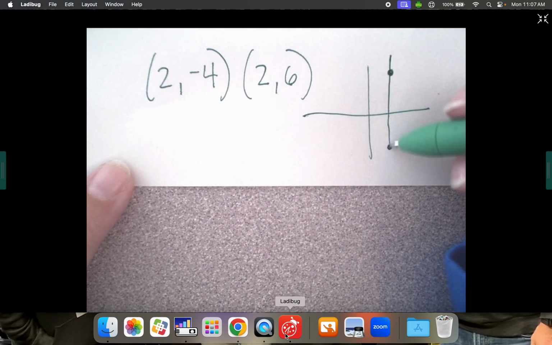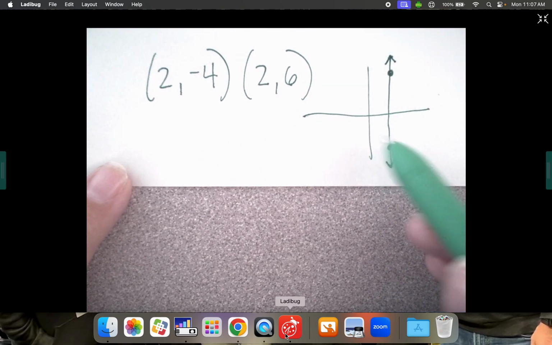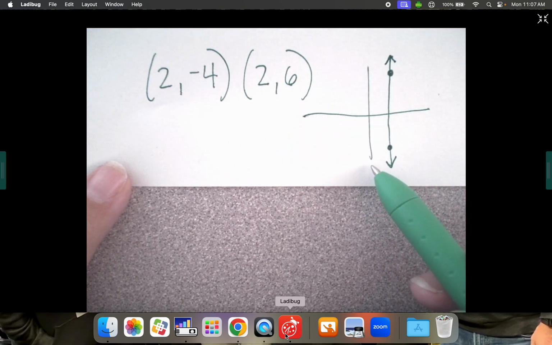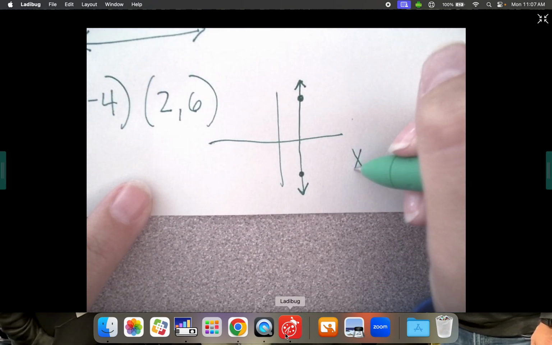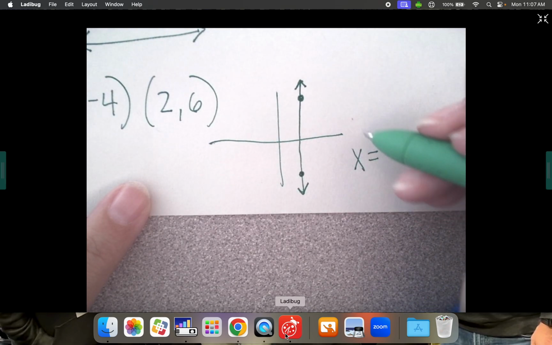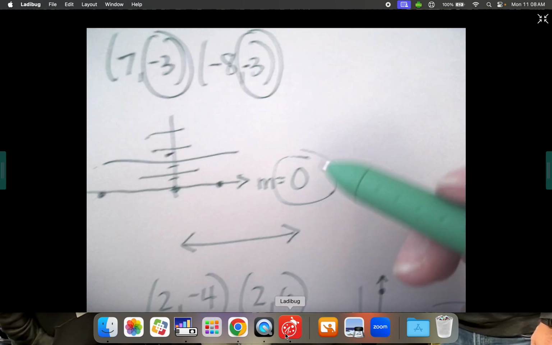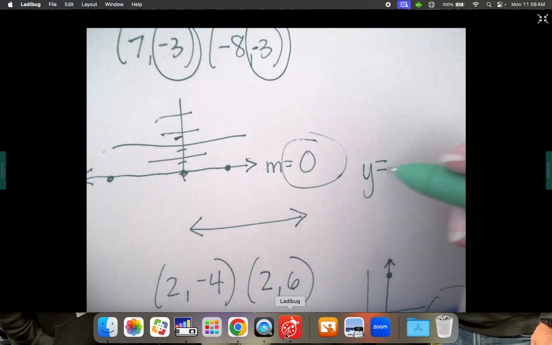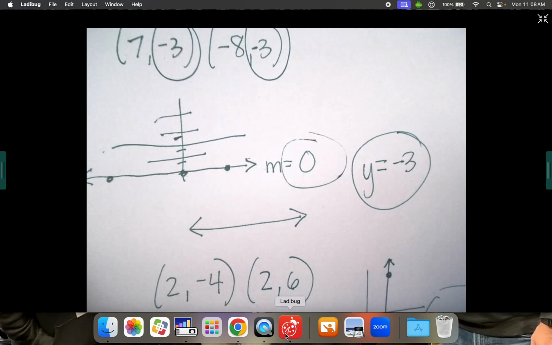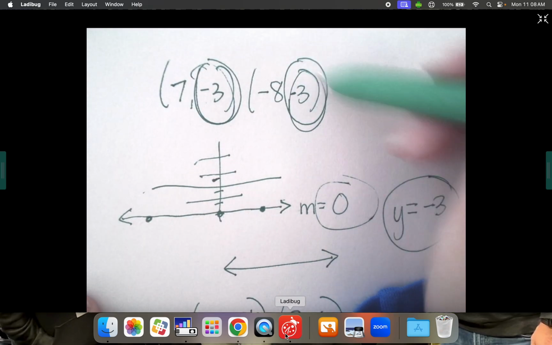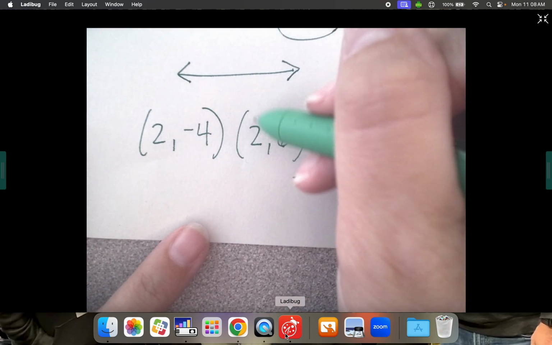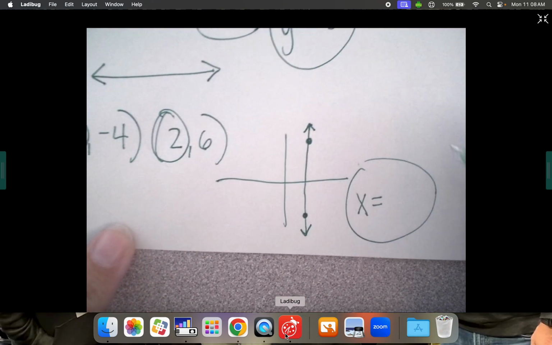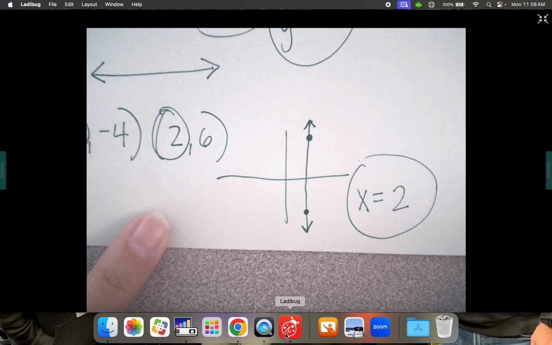So this is going to be an undefined slope, and it never hits the y-axis. An undefined line is an example of an x equals graph. All it is is x equals a number, just like y equals a number was my equation here, because both y's equaled -3. Both x's in this case equal 2. So this is going to be x equals 2.